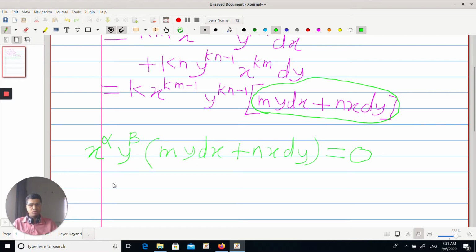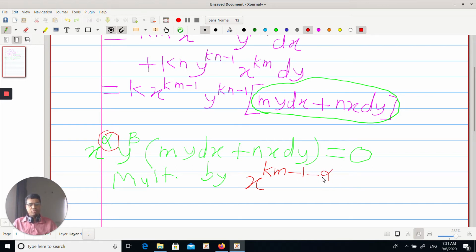Here we have to multiply by, since the first term is x raised to alpha but we want x raised to km minus 1, x raised to km minus 1, and we don't want this alpha, so we subtract it, so minus alpha.